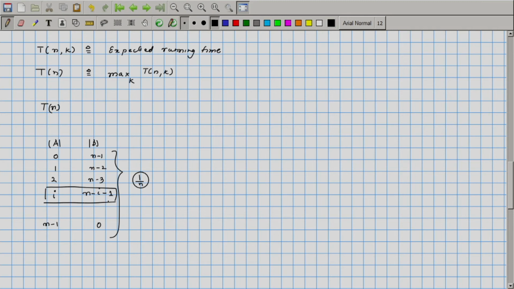Now, in this case, whether we recurse on I or on n minus I minus 1 depends on the value of k.